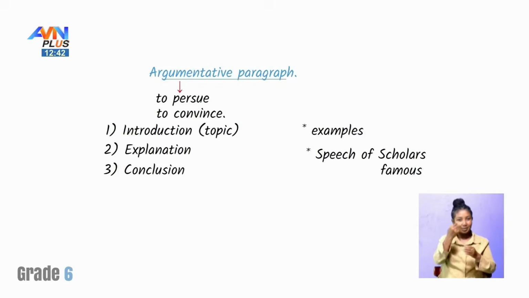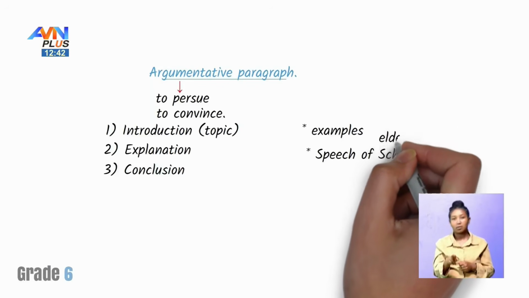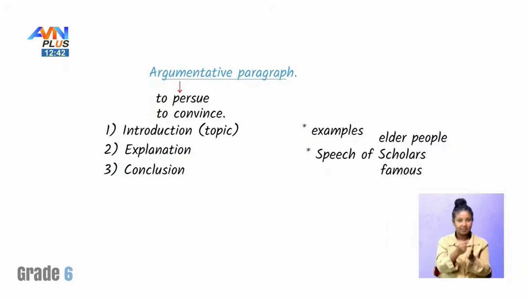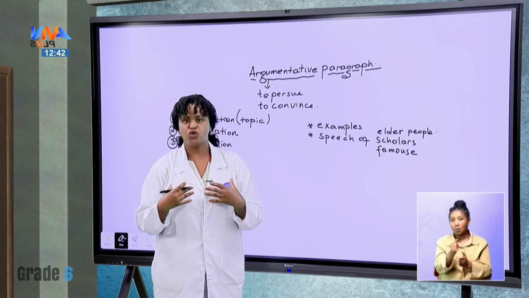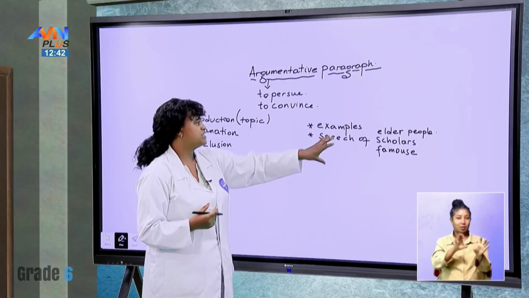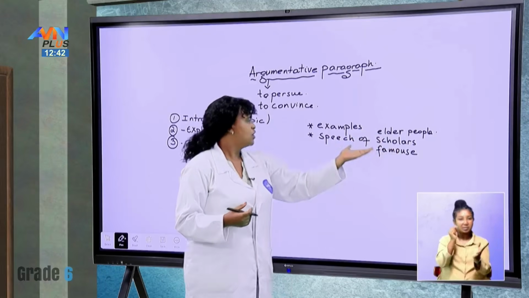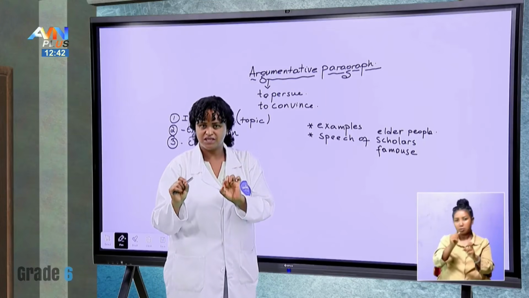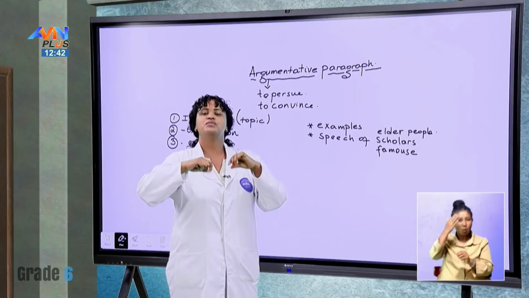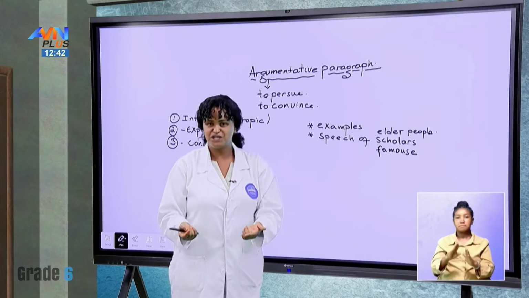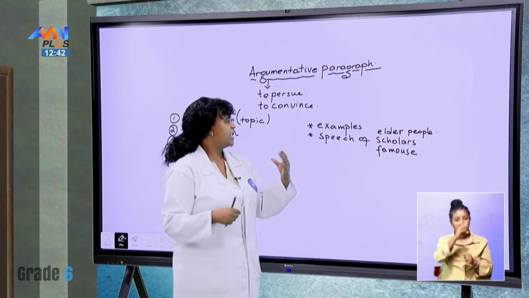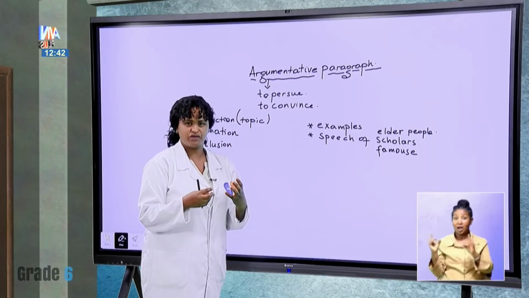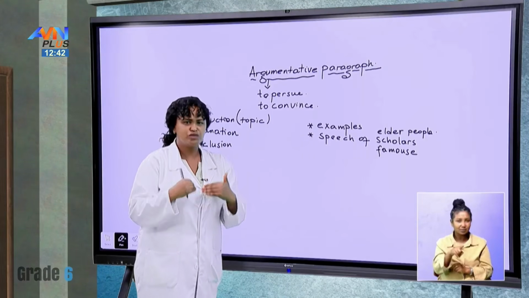Or you can say what elderly people have said. Just to make your reader believe you and support you, you have to add these things. Either you need to have an example or you have to quote some scholars, famous ones, celebrities, those people who are appreciated or loved by your society. And these are the common behaviors that we see in an argumentative paragraph. Have you ever heard any argumentative paragraph so far?